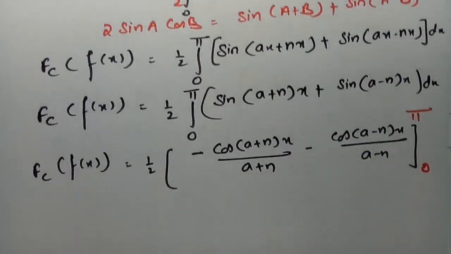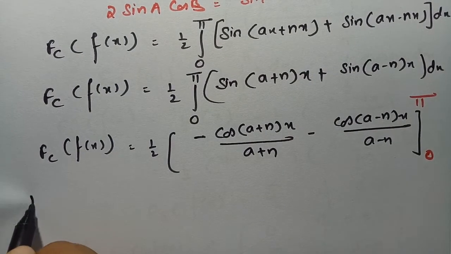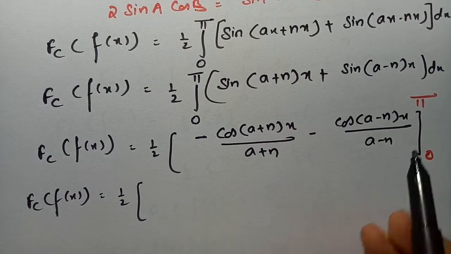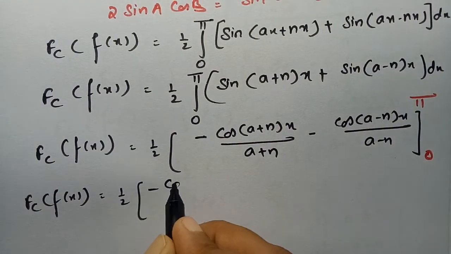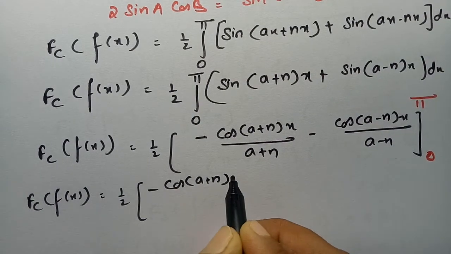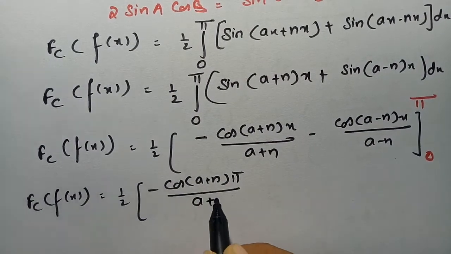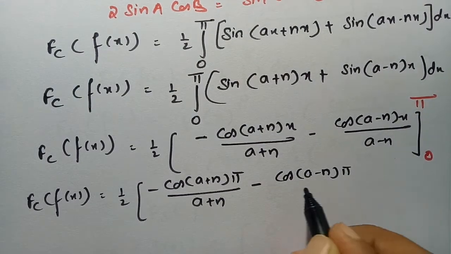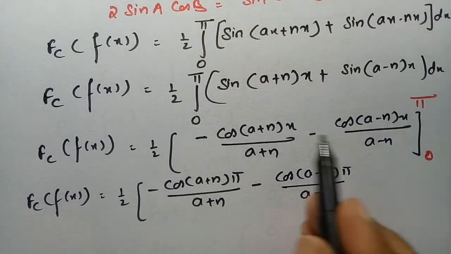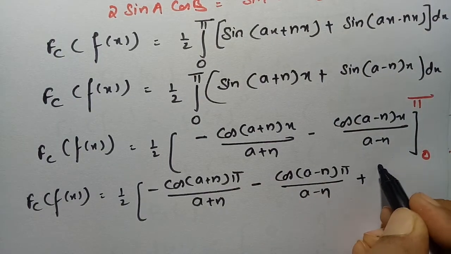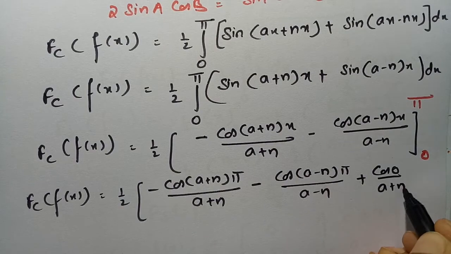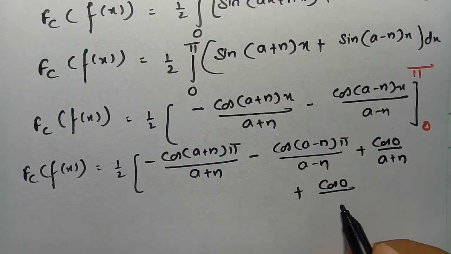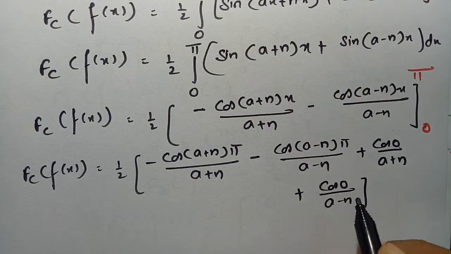So we have to substitute the upper limit minus the lower limit. If I keep the upper limit, this will be minus cos of (a plus n) pi by (a plus n) minus cos of (a minus n) pi by (a minus n). If I substitute 0 here, this is plus cos 0 by (a plus n), and for the lower limit, cos 0 by (a minus n).